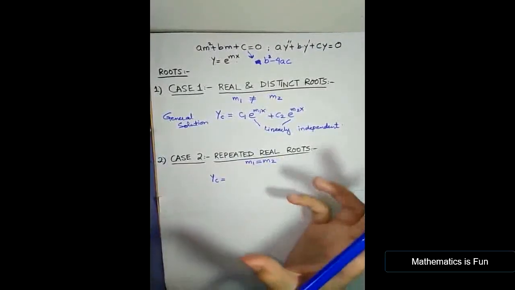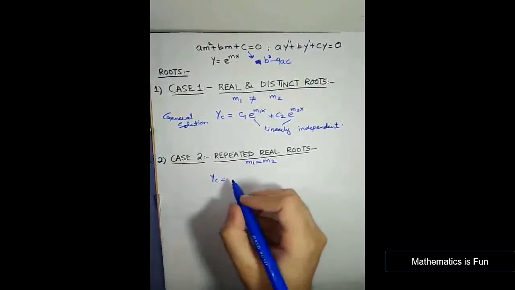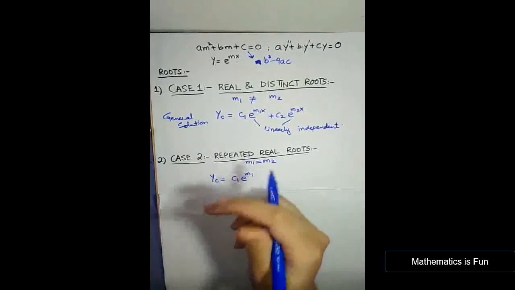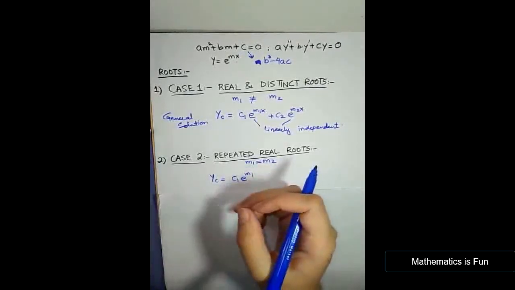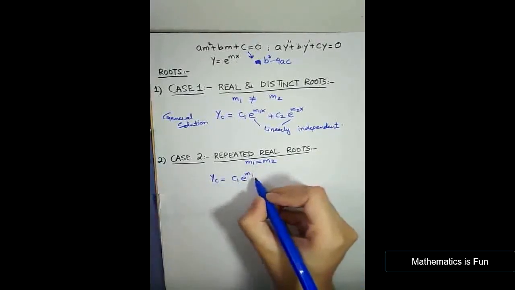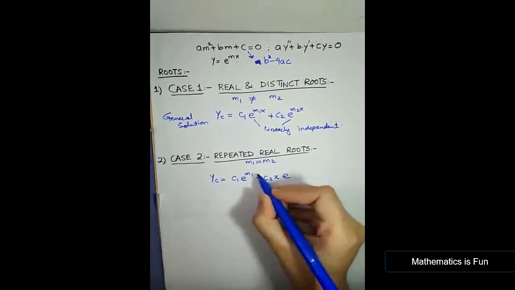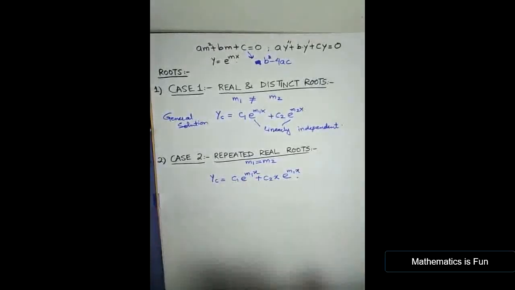So that's a long story. You just have to apply this technique. So c1 e to the power m1 x, either you can substitute it totally in terms of m1 or totally m2. If I write it completely in the m1 form, then c2 multiplied with x into e to the power m1 x. So that will be the general solution.